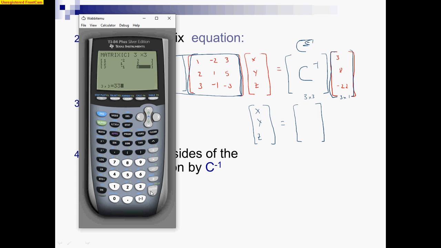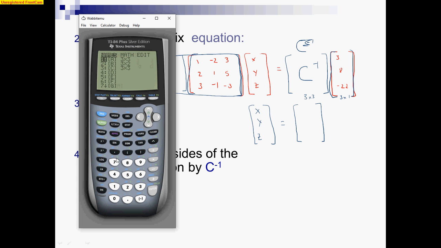Before I do anything, I always check to see if there's a data entry error. 1, -2, 3, 2, 1, 5, 3, -1. Oh, see there? 2, 1, -3. Then I'm going to go edit matrix A for the answer matrix.